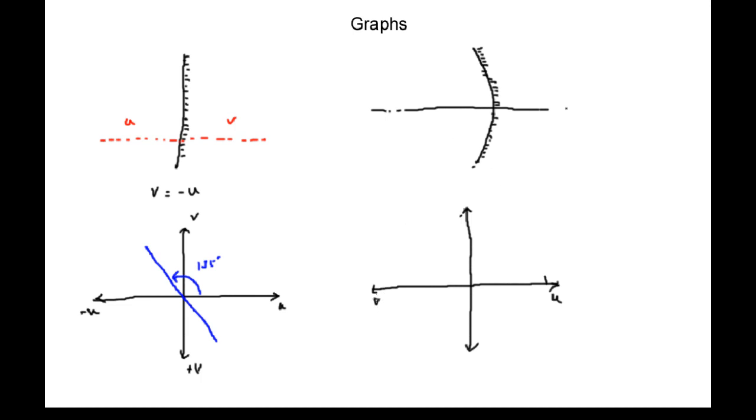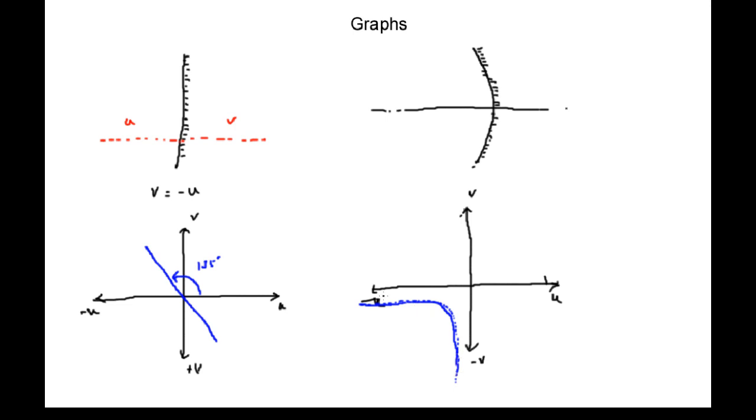So this is minus u, this is minus v, sorry. So by rectangular hyperbola, what do I mean? It will go like this. I hope you have learned in class 11 what a rectangular hyperbola is. This is the rectangular hyperbola. This is in the third quadrant.